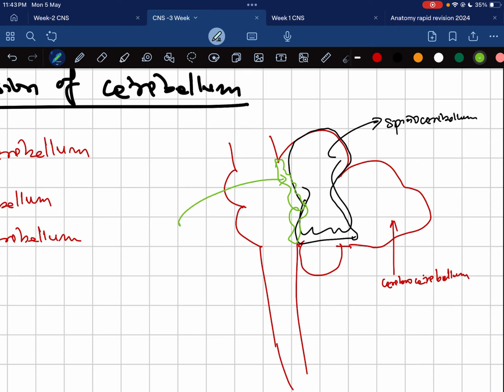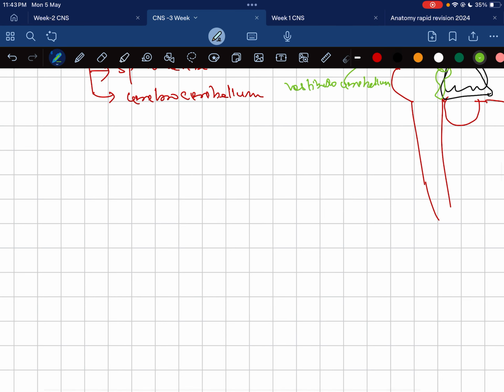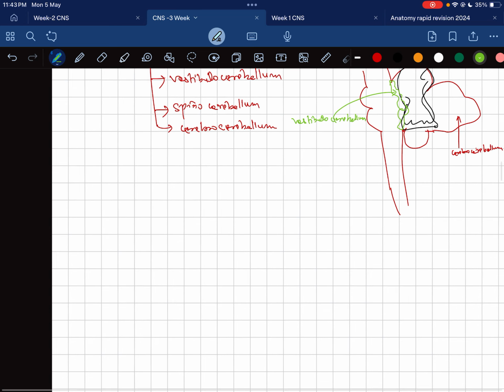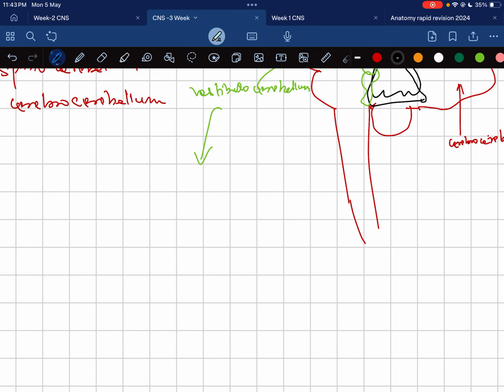There is the vestibulocerebellum. Moving on, the vestibulocerebellum consists of the flocculonodular lobe. So moving on, we are discussing this. This is the vestibulocerebellum. It consists of the nodular lobes.